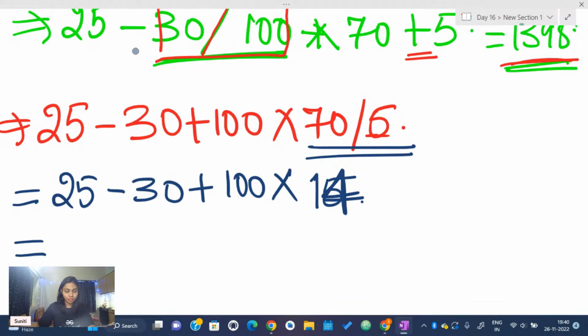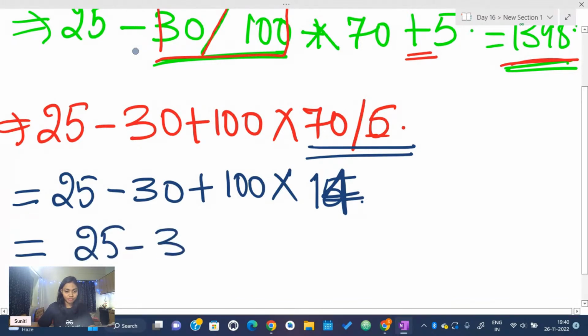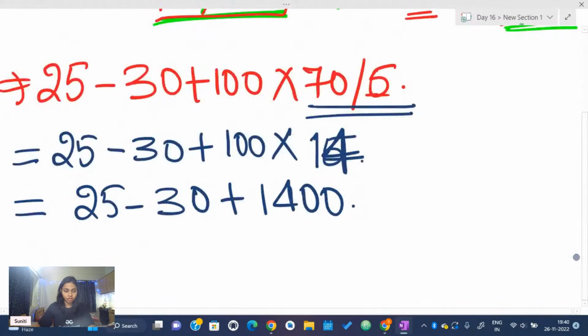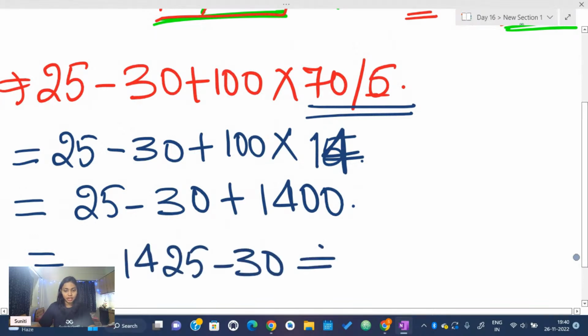Now when we evaluate this, it will give us 25 minus 30 plus 1400. Then 1400 plus 25 is 1425, minus 30, which finally gives 1395.